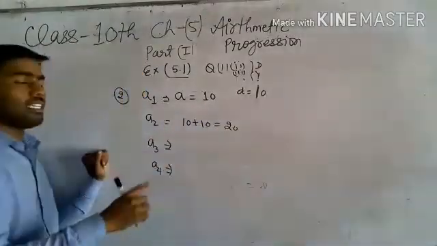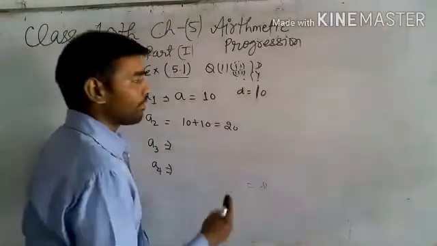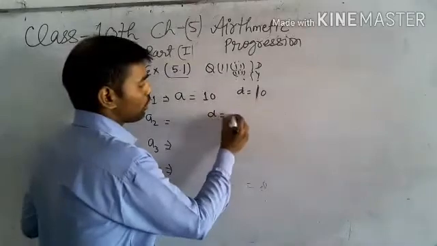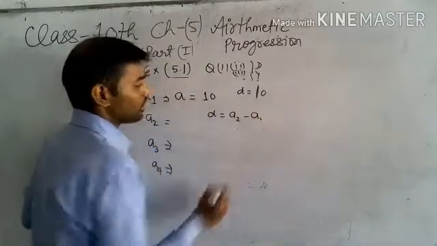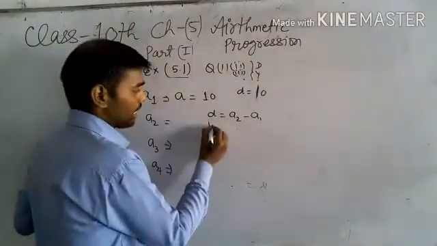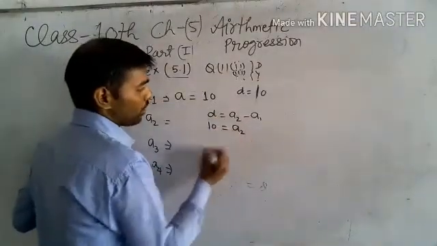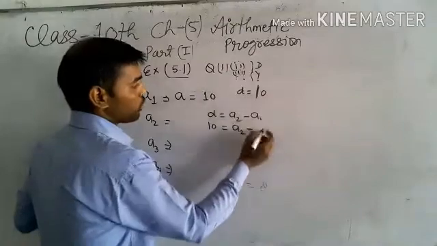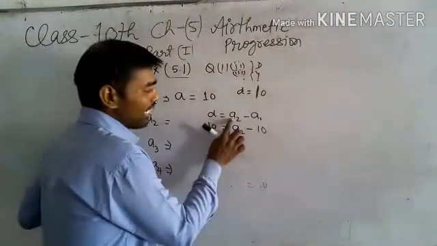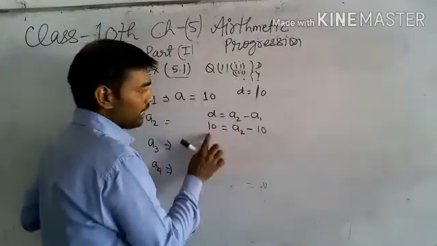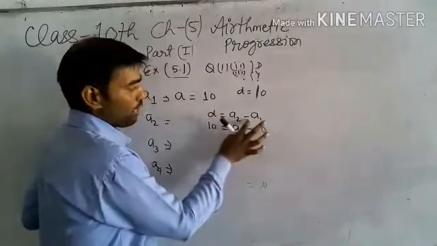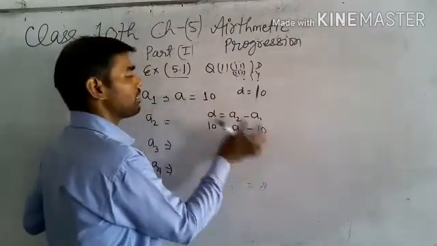You can also write D is equal to A2 minus A1. D is 10, A2 is unknown and the value of A1 is 10.